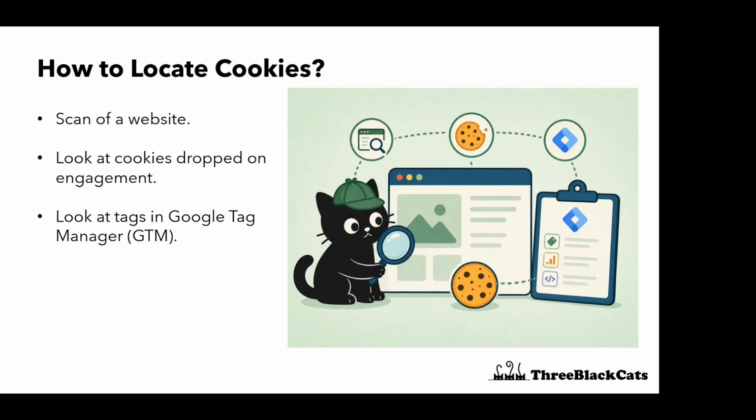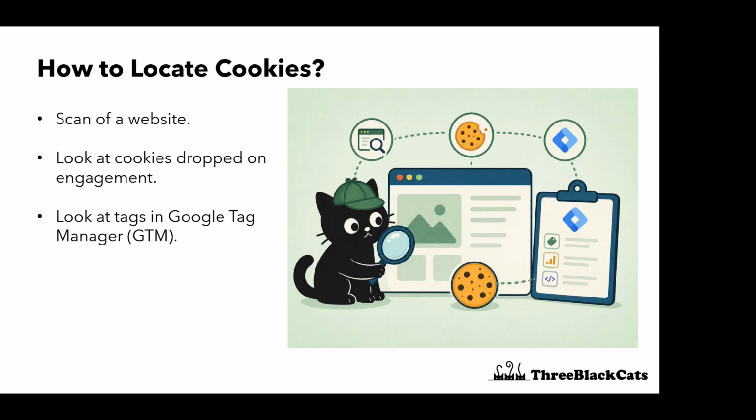Okay. We could look at the website itself and see what cookies are dropping, and we're going to do an example of that in a minute. Or we could look at, if we have Google Tag Manager, what scripts we are calling in Google Tag Manager to be dropping cookies.